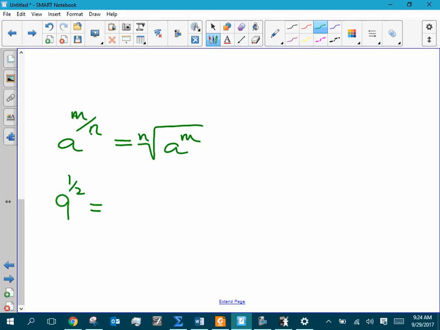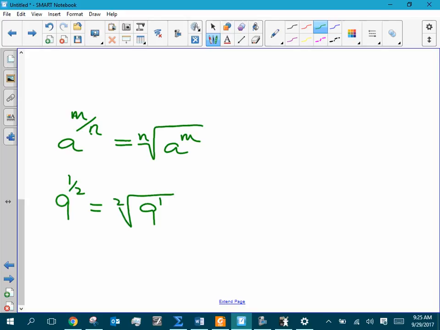I know that fact. So then how can I rewrite this as a root so that I get 3? Well, 9 has to be underneath, right? And it has to be 9 to what power? The first power, right? No other way I'm going to get 9 to go down to 3 through using roots, unless it's got a power of 1.